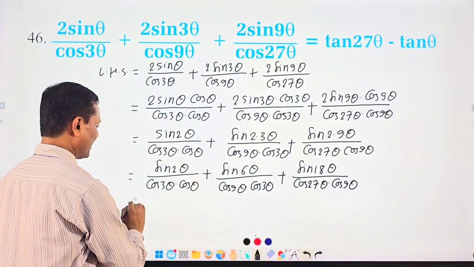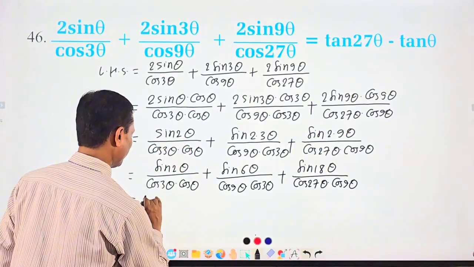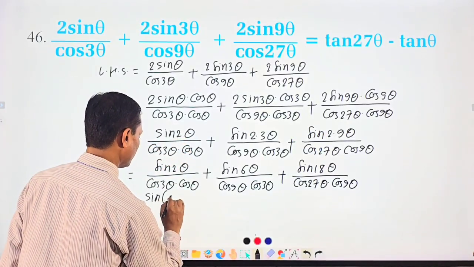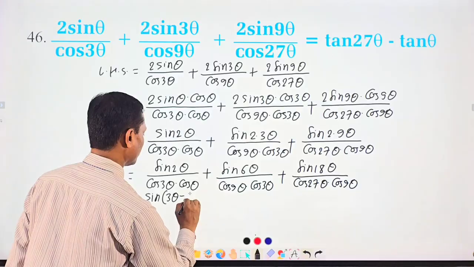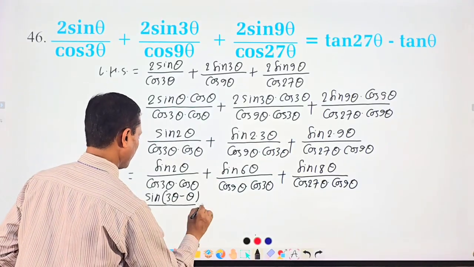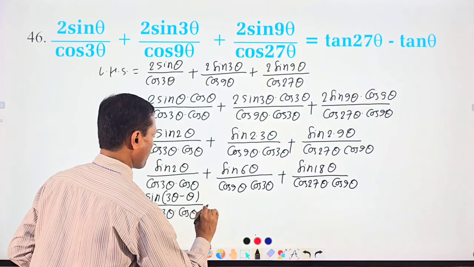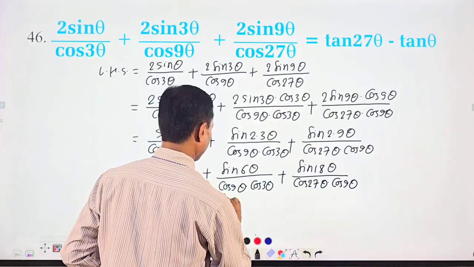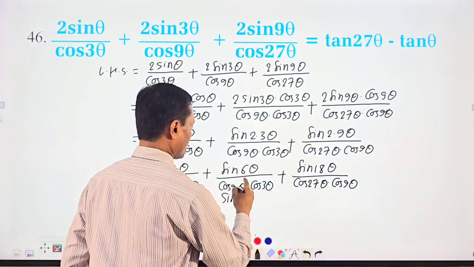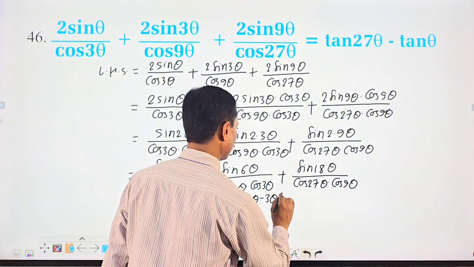We have to apply one technique here, isn't it? Sin 2 theta. So we write here sin 3 theta minus theta. Can you write? 3 theta minus theta equals 2 theta. And here cos 3 theta dot cos theta. Here also same. Here sin 6 theta can be written as 9 theta minus 3 theta.